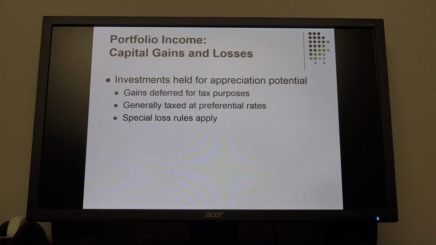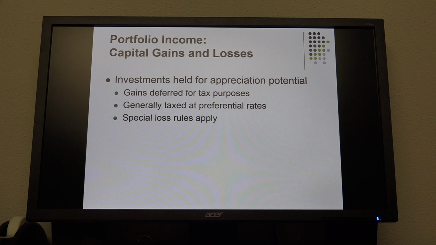If any of the loss occurs due to investment in personal use assets, those losses are not deductible at all. So the sale of personal use assets at a loss is not deductible. None of it.